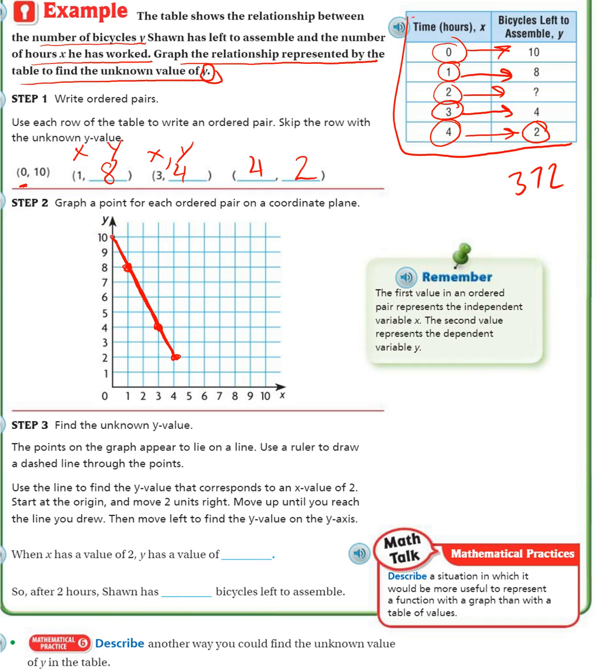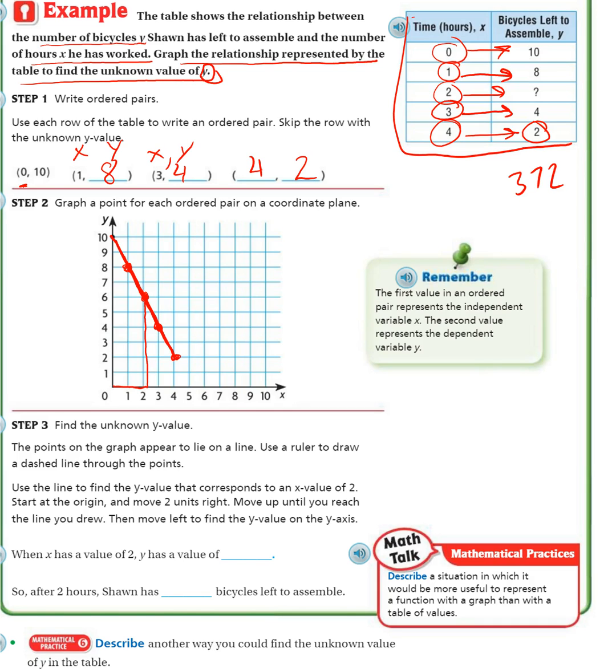Again, it's going to be easier for you. I would use the rulers that I have to make your line, but you can see here when X is 2, Y must be 6 if it follows this line, which all the other points do.